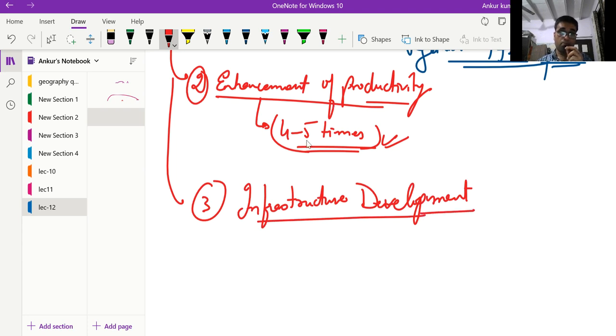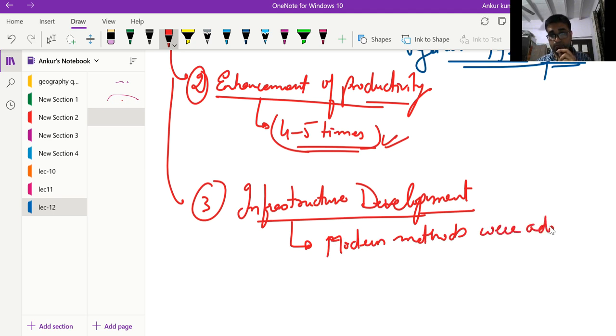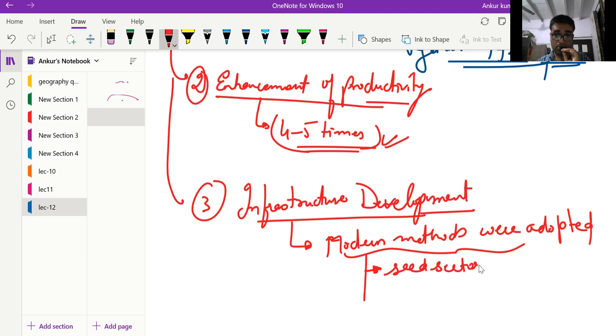Modern methods of doing agriculture were adopted, and because of these modern methods, a number of additional sectors developed, whether it was the seed sector or mechanization.